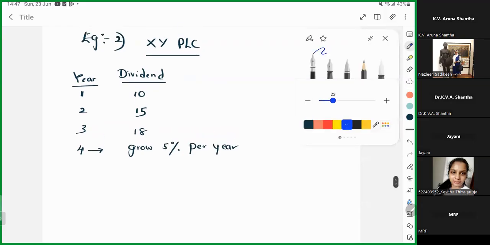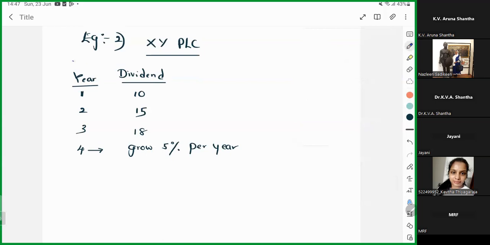This is your assumption of the company's future dividend payment pattern as an investor. Other investors may have different assumptions. So in the next 3 years the company would pay 10, 15, 18. After that, the dividend grows at 5% per year.